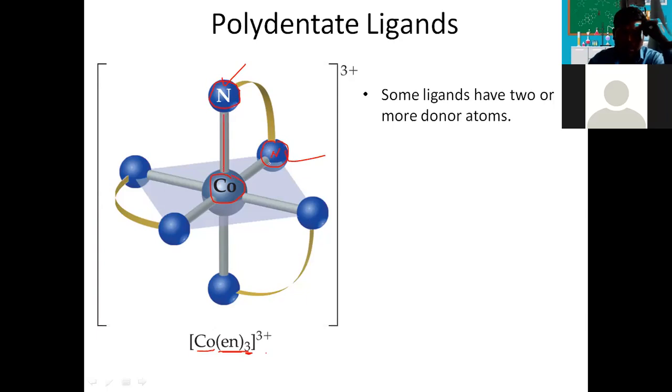In this complex there are a total of 6 nitrogens in the 3 molecules, but they are all neutral. So the charge on each ligand is 0, and we know the formula by which you can find the oxidation number in this complex.